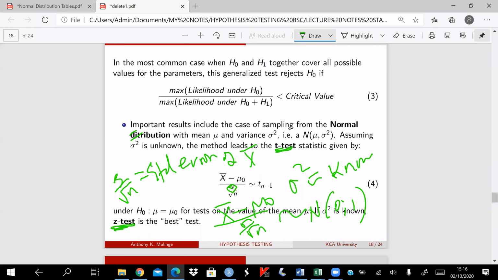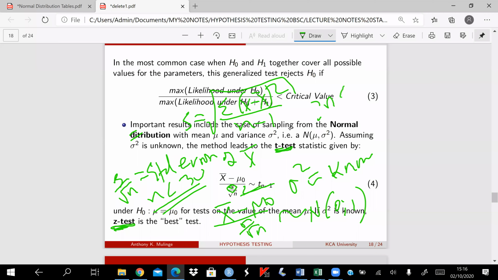You need to notice that when the sample size is very small, when n is less than 30, you need to adjust how you calculate your S. In that case, S is given by the summation of x minus x bar squared divided by n minus 1.